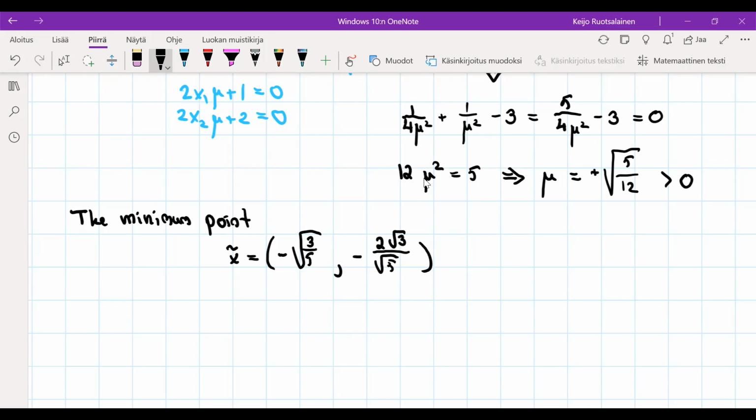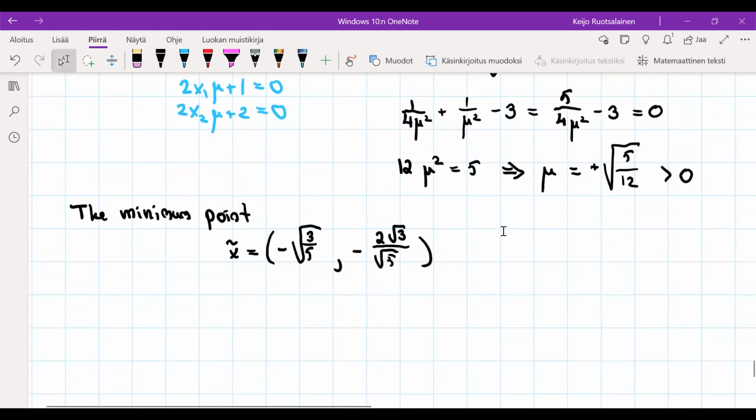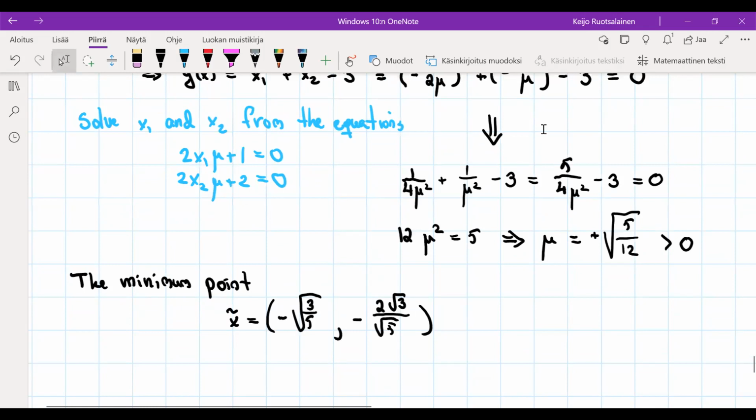This is our minimum point. So this is in principle the way how you use the Karush-Kuhn-Tucker conditions for finding the minimum point.